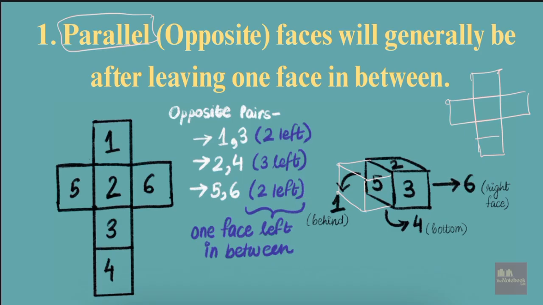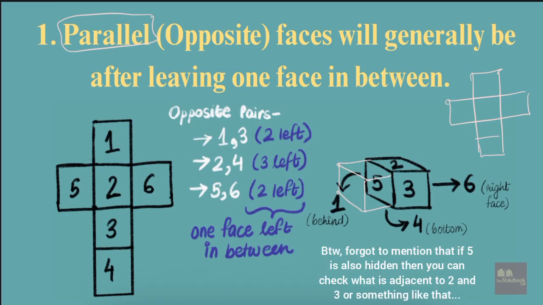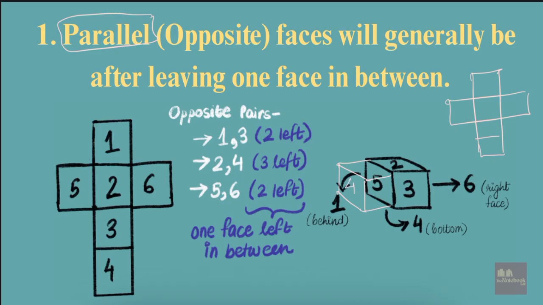If the question said that find the sum of faces parallel to 5 of this block, okay, now whatever will be here, let's say for example 4 is over here, then we know that parallel to 4 we have 2, so this means over here it will be 2, over here it will be 6, because we know right, either 5 is there, either 4 is there, if they've given it, of course. So like you can find the hidden faces using that, and then again you can do 4 plus 2 plus 5 plus 6, so that way your answer will come. You don't need to twist and turn the whole cube in your head and decide that what numbers are going to be there, right?